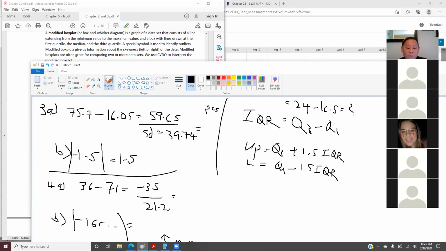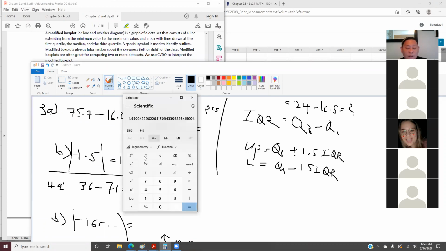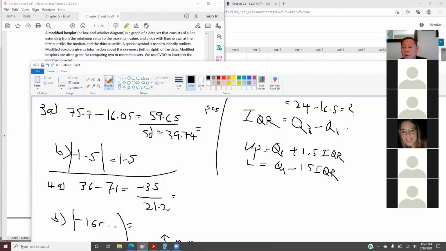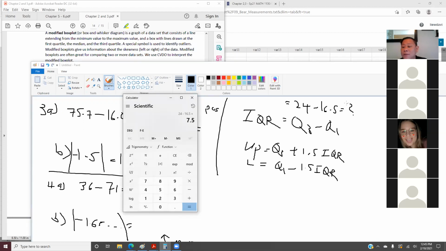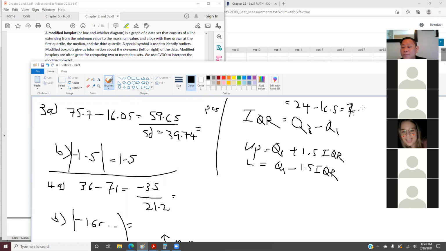As you know, we need to find the IQR first, so you subtract: 24 take away 16.5. This is all in your calculation. So your IQR in this case is 7.5.